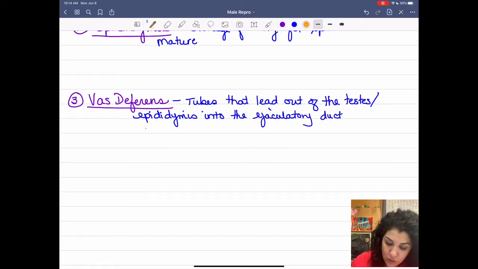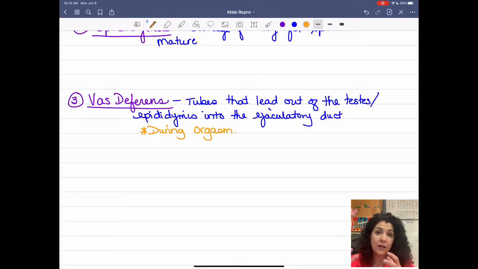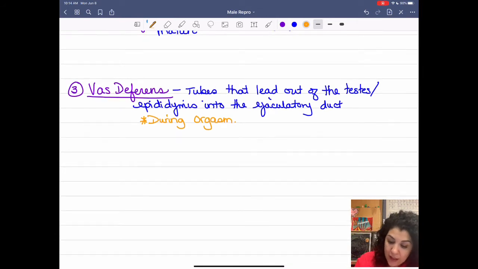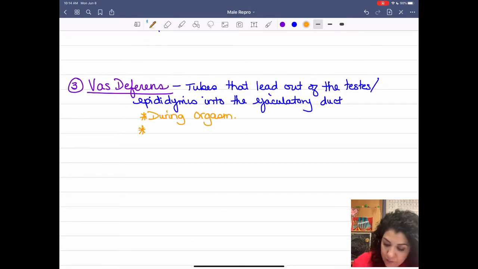So this occurs during orgasm. So that's how we get the sperm out of the testes and out, okay? And these guys as well are the ones that are clipped during a vasectomy.